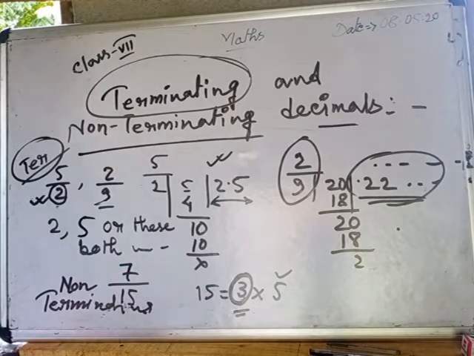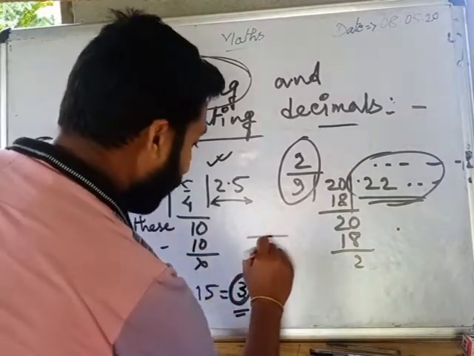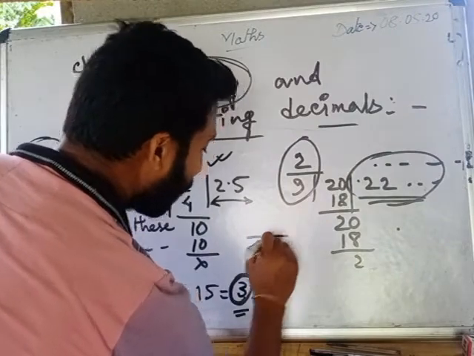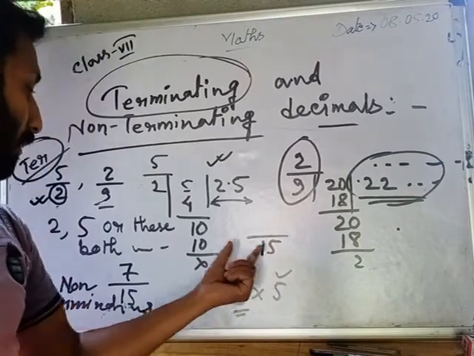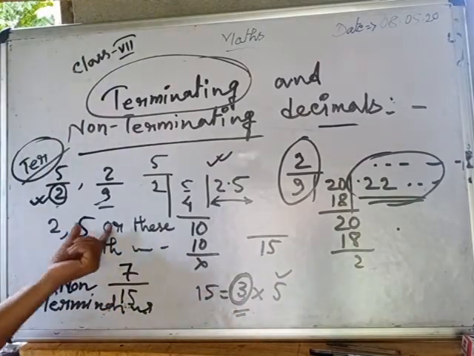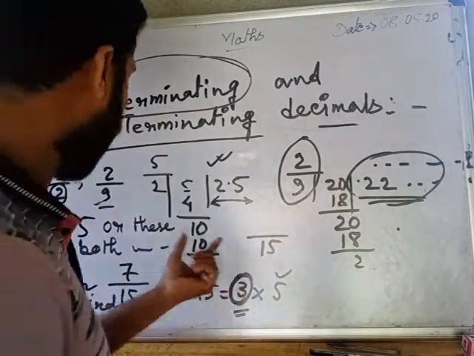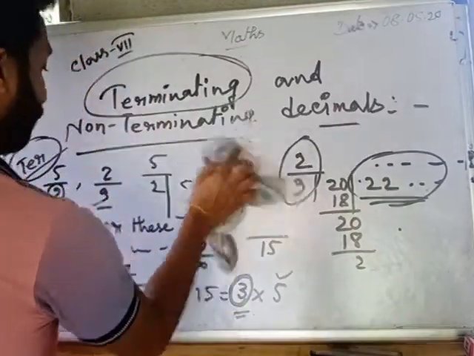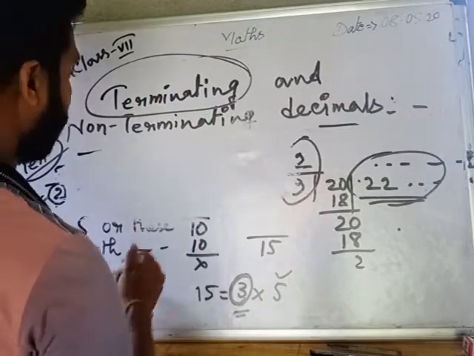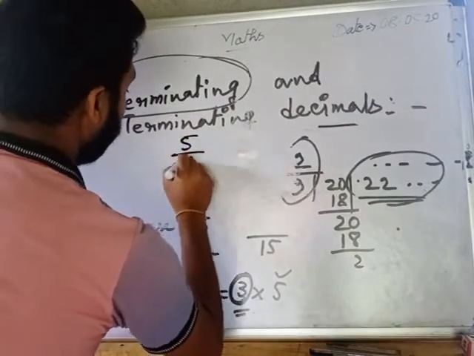Okay, if the factors of the denominator are 2, 5 or both, suppose it is 5 by 8.